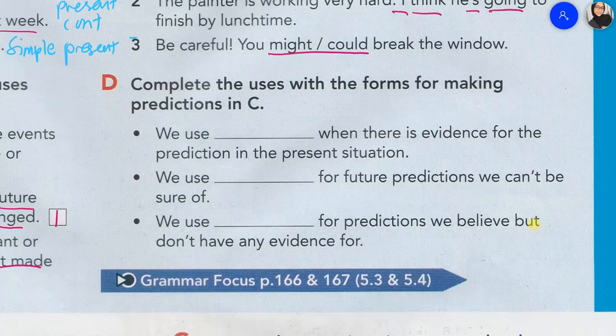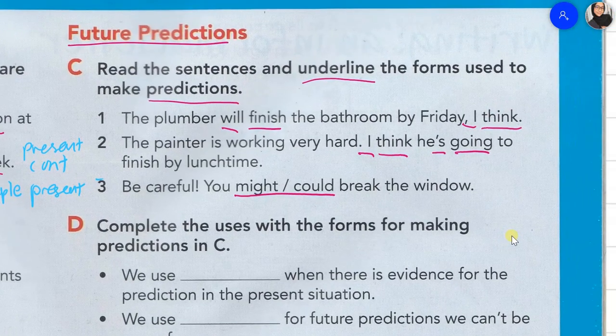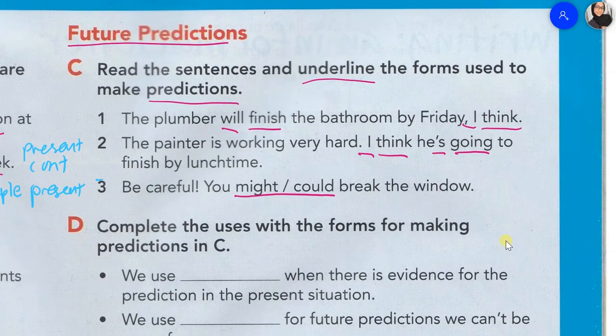Alright, now let's look at task D. Let's read the instruction. Complete the uses with the forms for making predictions in C. So basically you have to fill in the blanks here, 3 blanks here, with the phrases in task C for each of the sentence that indicate predictions.